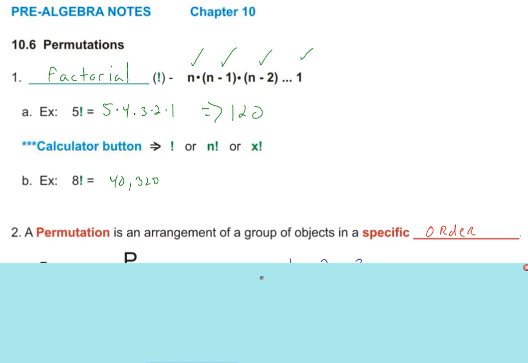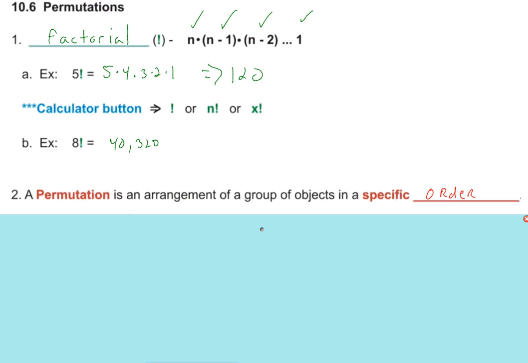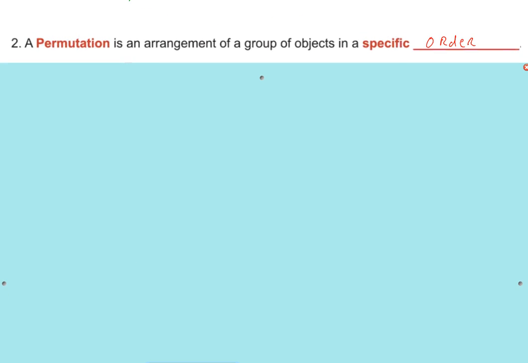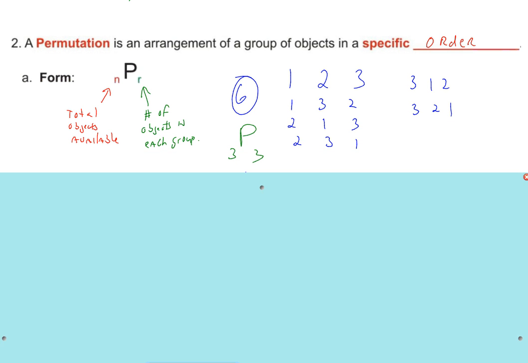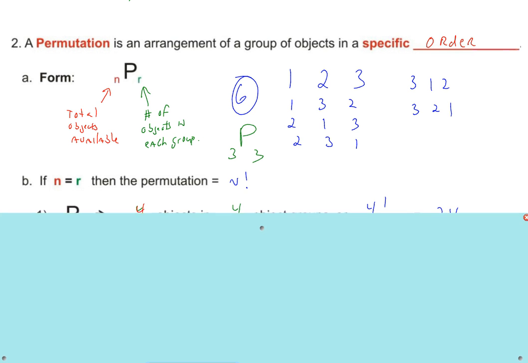Once we knew factorial, we can do permutation, and don't lose the fact that permutation means the groups in a specific order. Meaning changing the order gives you another permutation, another possibility. So we're figuring out how many possible ways you can arrange objects in a certain amount of groups. Don't lose the fact of the shortcut.